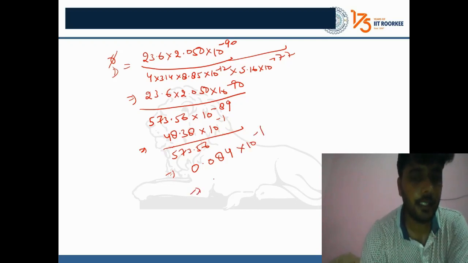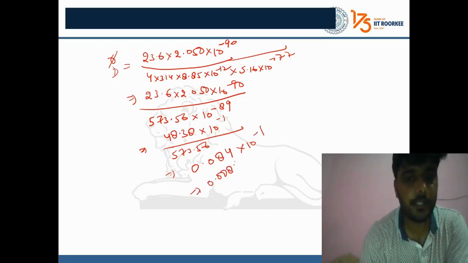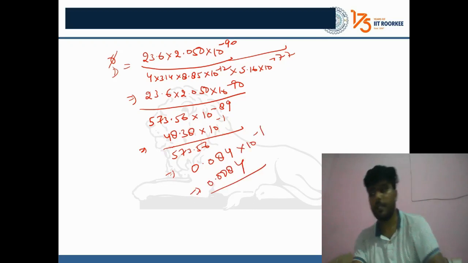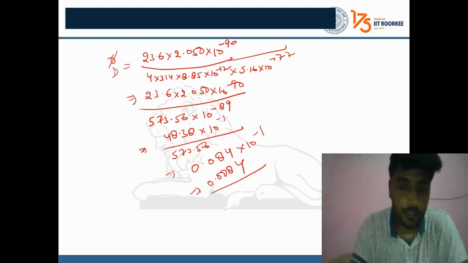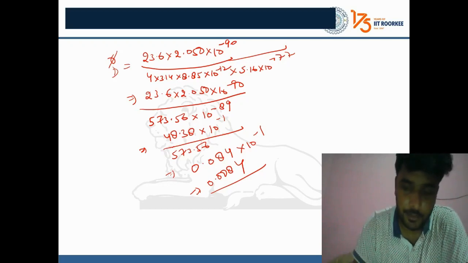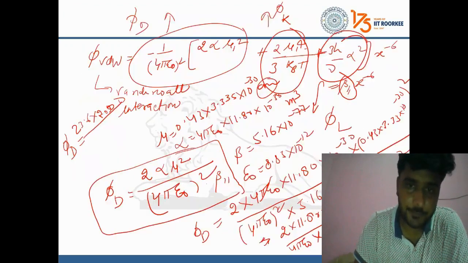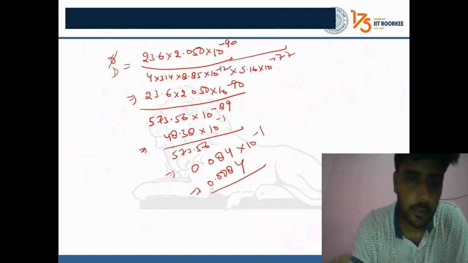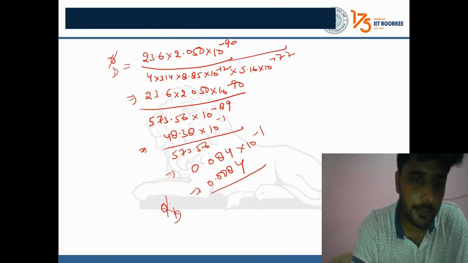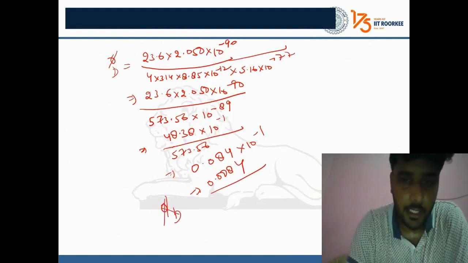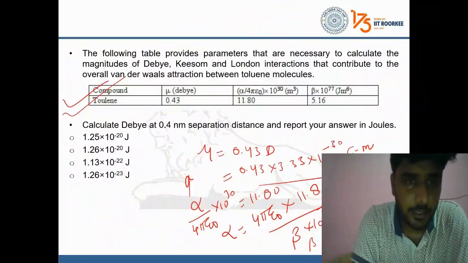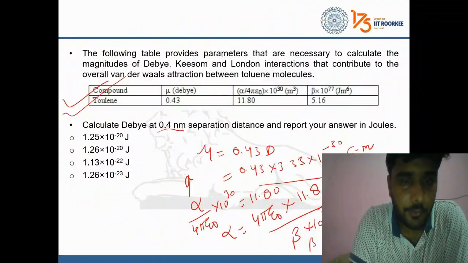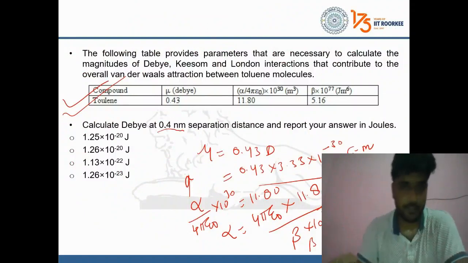Okay, and you can write 0.0084. Okay, so this is the contribution from Debye, that is the phi D. And what the question is asking is that you have to calculate Debye at 4 nanometer separation distance.